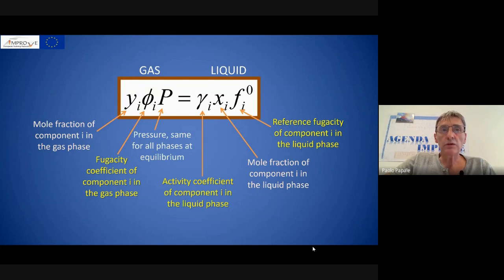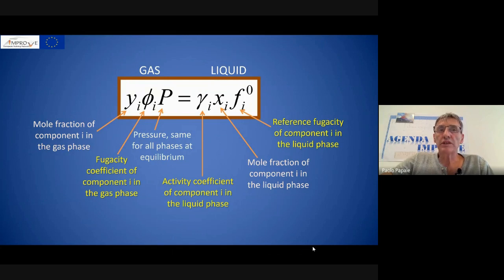Thus, in order to solve the equilibrium equation for any given set of conditions in terms of pressure, temperature, and overall composition, we must find appropriate expressions for the other terms that appear in the equations, in the equation described with the text in yellow in this slide.